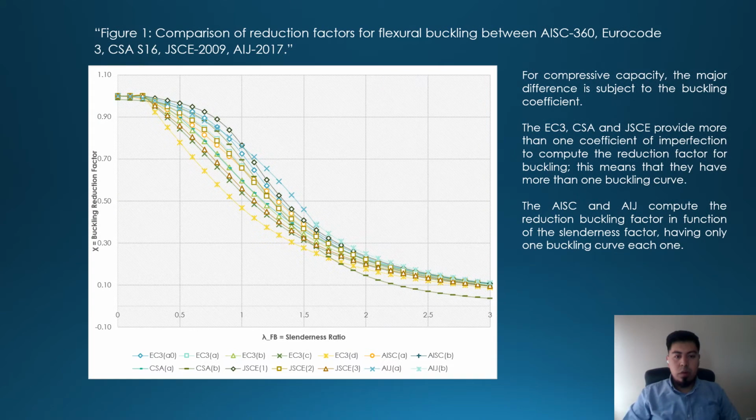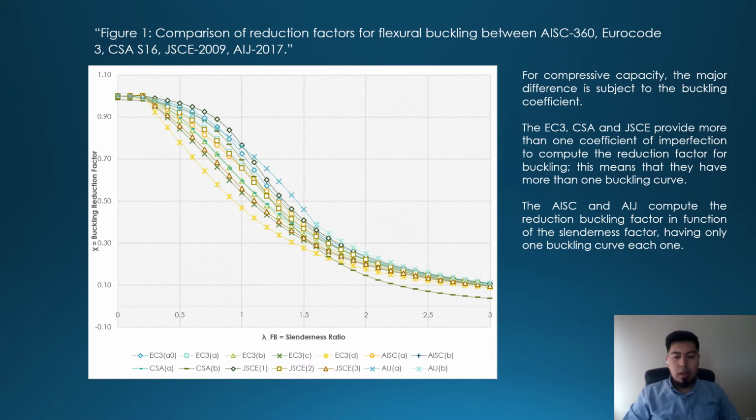In this picture, we can see the projection of all the buckling reduction factors of all the specifications we studied. The Eurocode 3, the CSA, and the JSCE provide more than one coefficient of imperfection to compute the reduction factor for buckling. This means that they have more than one buckling curve.